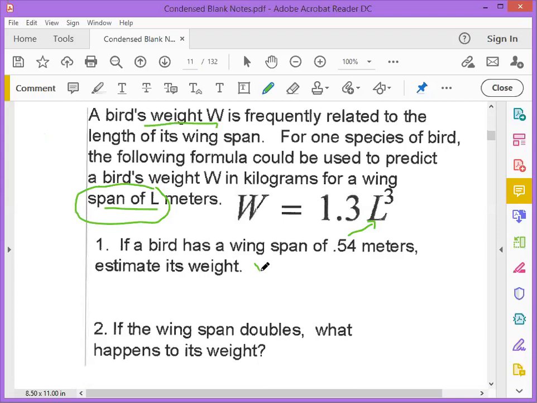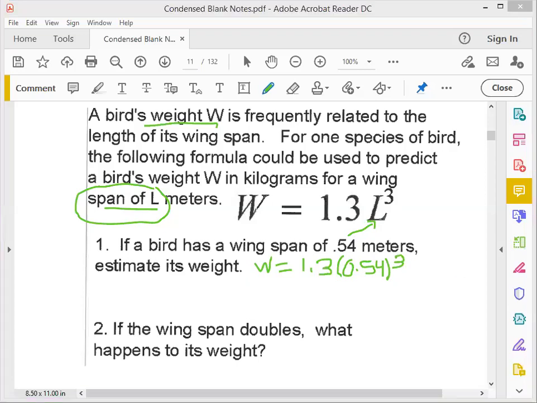So our weight W would be equal to 1.3 times, and this is 0.54, and we're plugging in for L, so 0.54 raised to the third power.